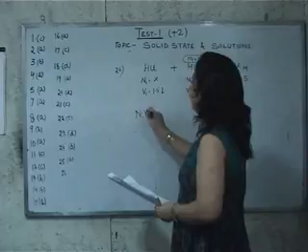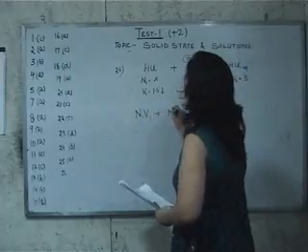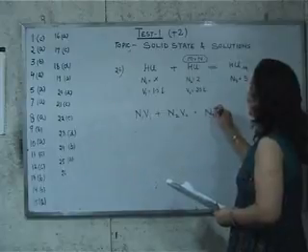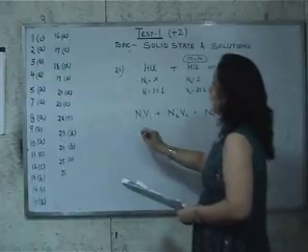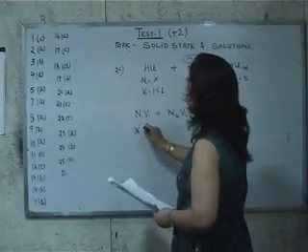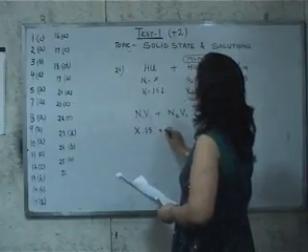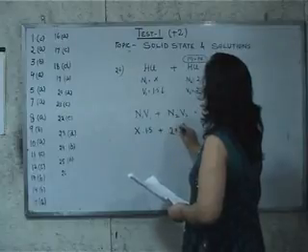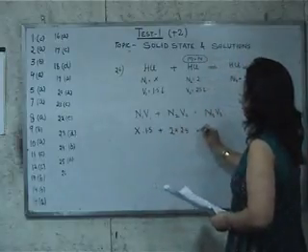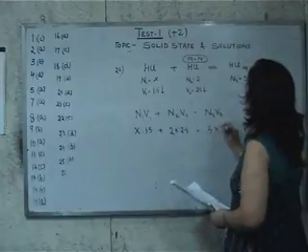For this mixing, the formula is N1 V1 plus N2 V2 is equal to N3 V3. N1 is X, volume is 1.5, so 1.5x plus 2 into 2.5 is equal to N3 which is 5, into V3.